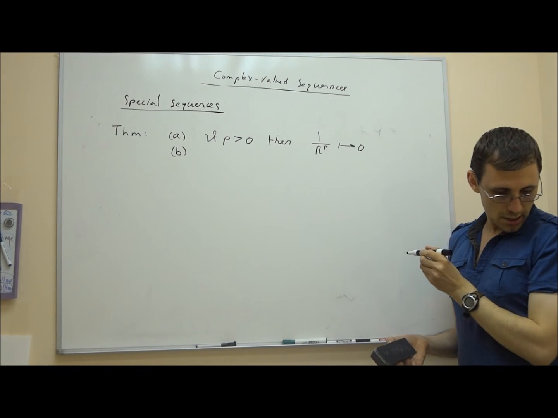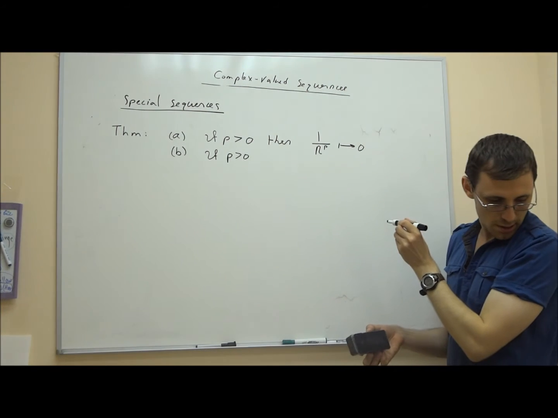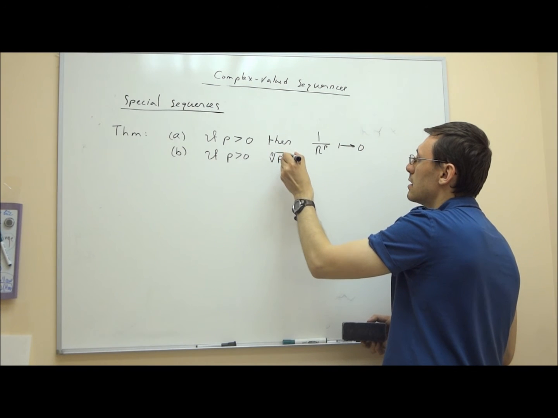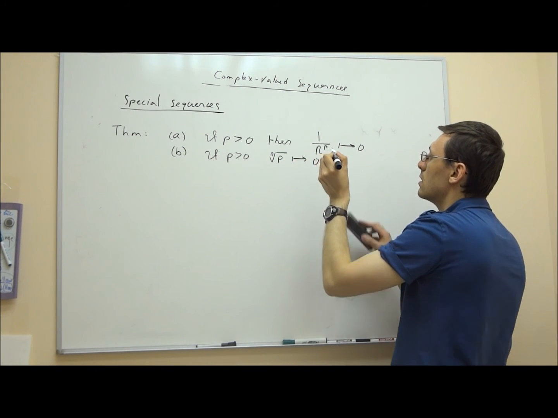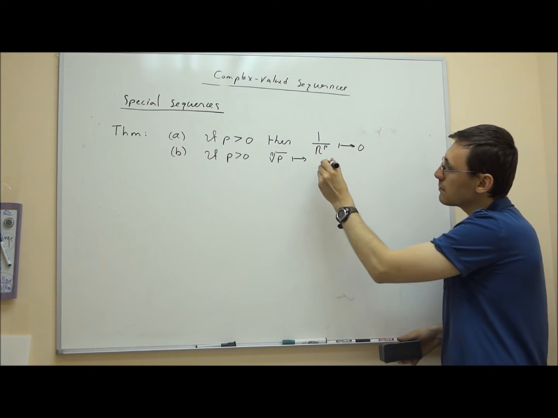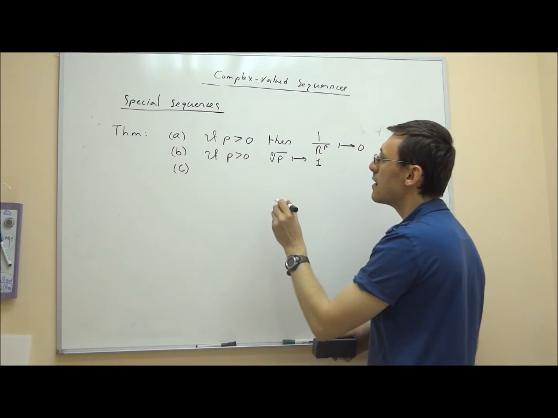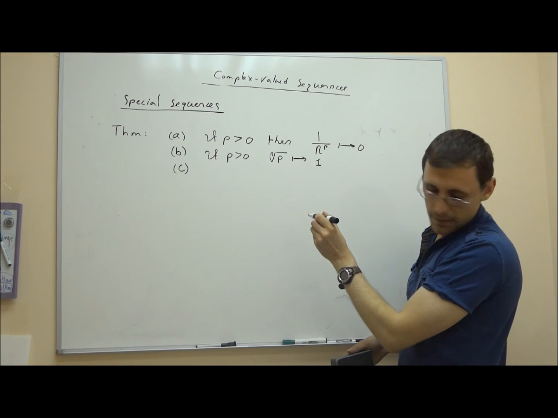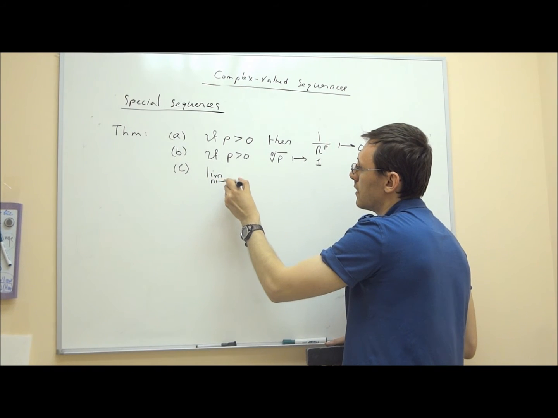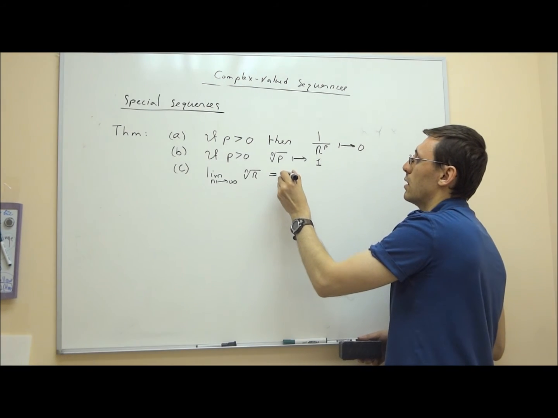B. If p is bigger than 0, the nth root of p goes to 1. C. The limit as n goes to infinity of the nth root of n is equal to 1.